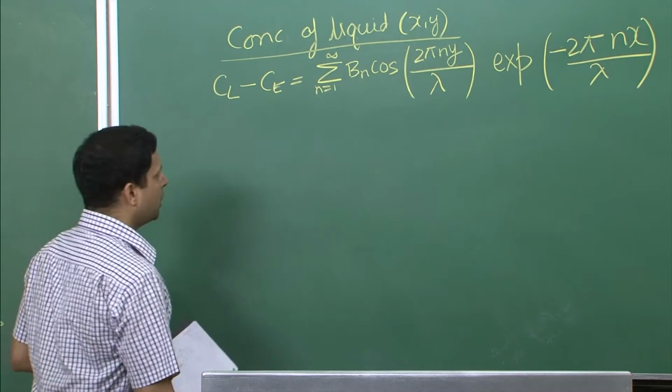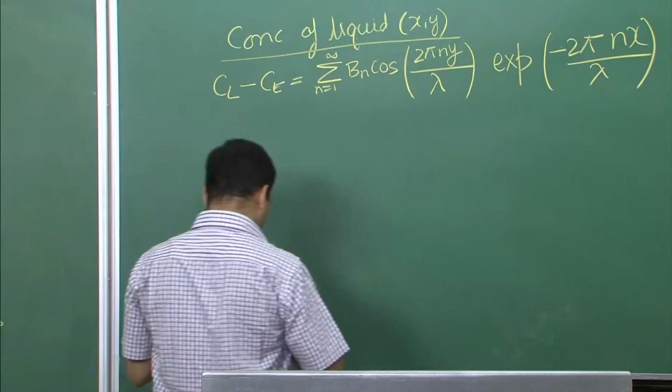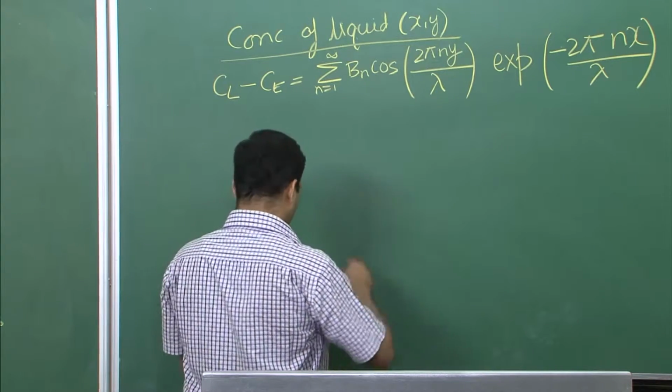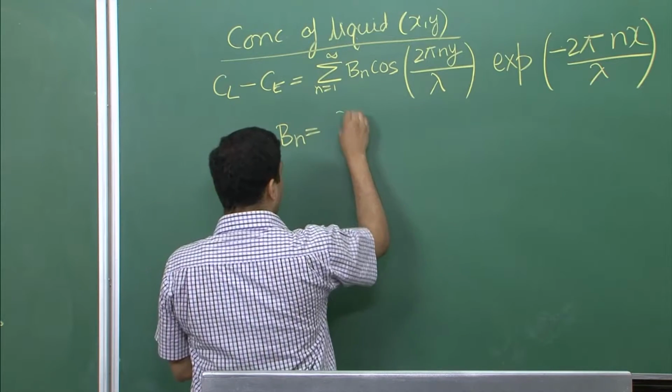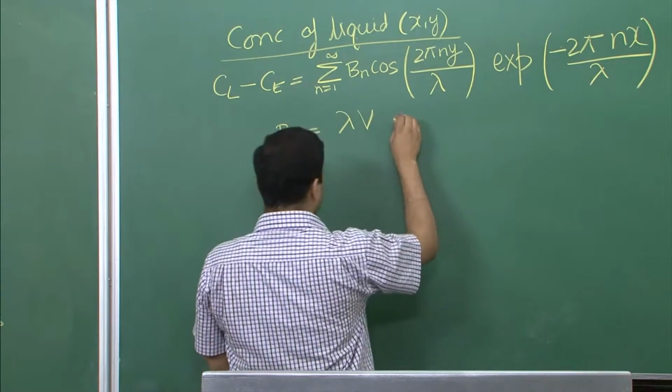So this is the equation that is given, and since we have Bn over here, let's define what is Bn, and this Bn is given by this equation.